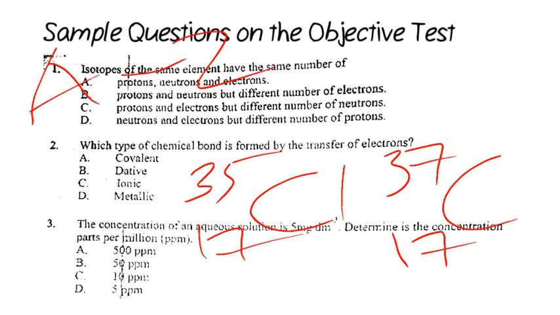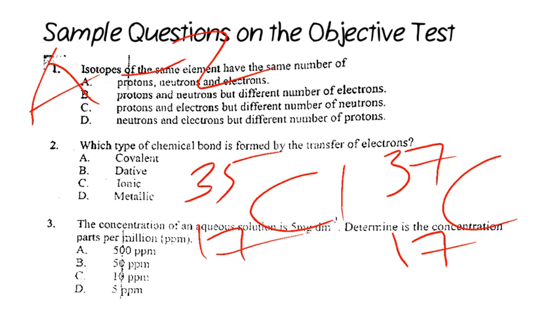A working definition of isotope will be: these are atoms of the same element that have the same atomic number but different mass numbers. So as you can see here, the two chlorine have different mass number. The first one has a mass number of 35 and the second one has the mass number of 37.